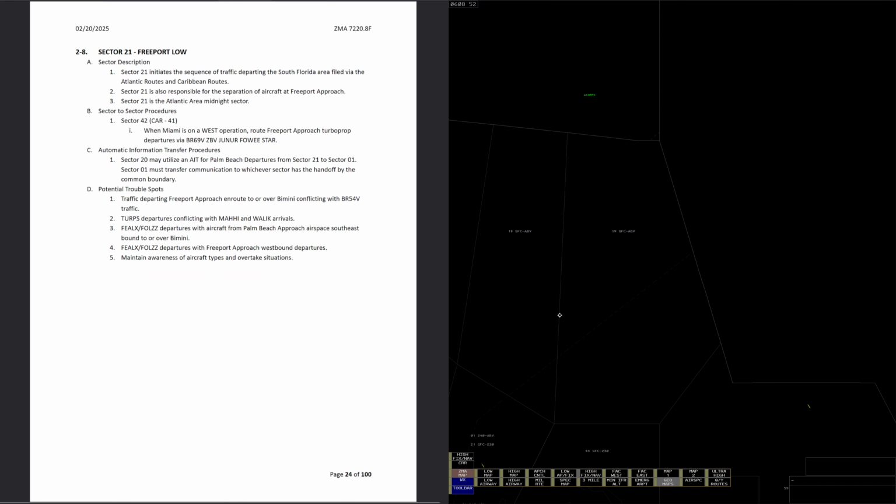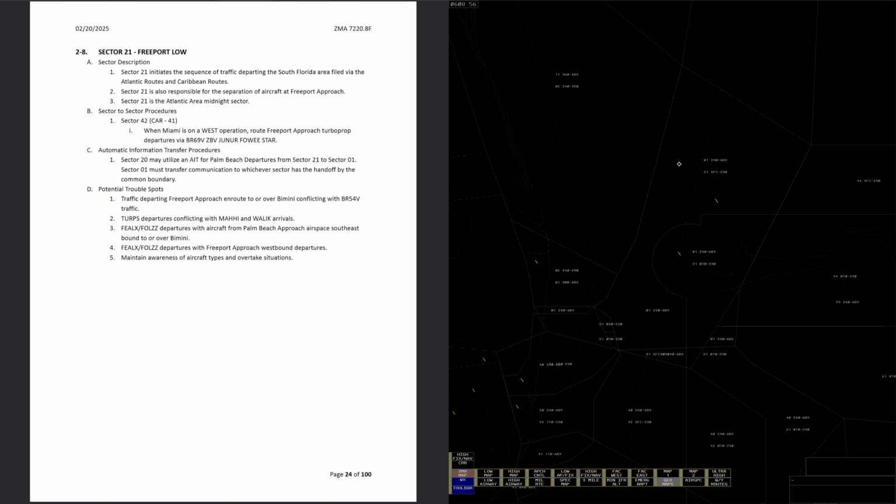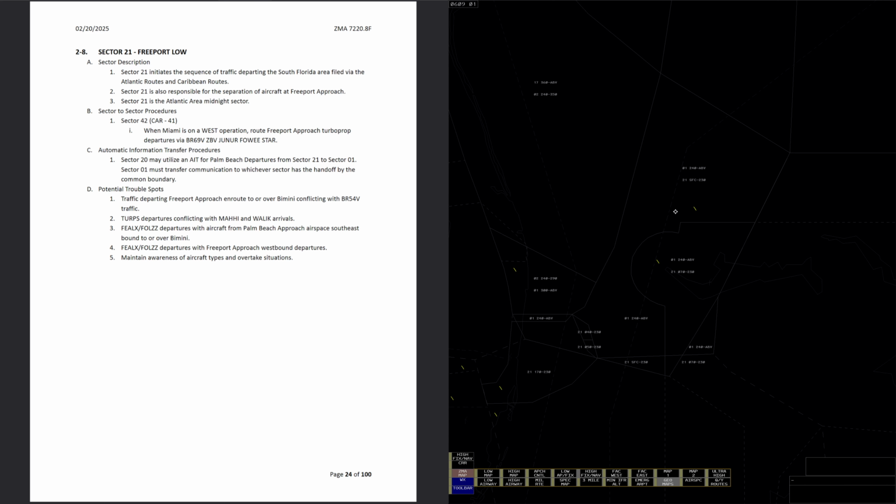The last sector in the Atlantic area is Sector 21, which really lies at the heart of the airspace. Sector 21 initiates the sequence of traffic departing South Florida area filed via the Atlantic and Caribbean routes, and is also responsible for the separation of traffic landing Freeport approach airspace.